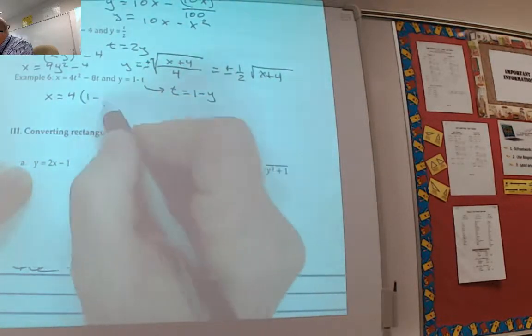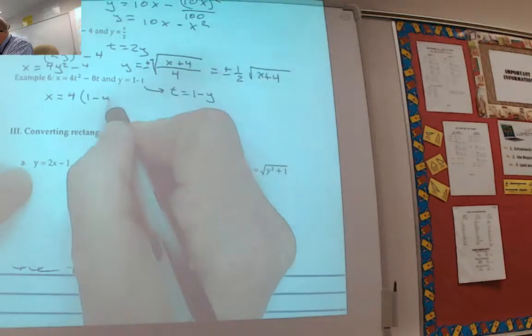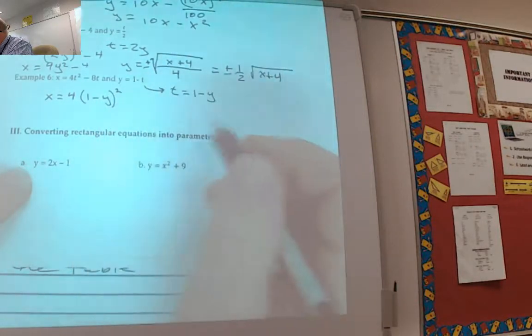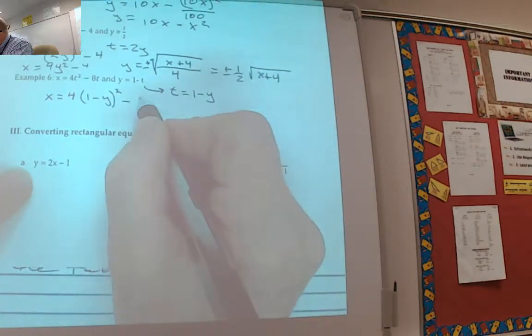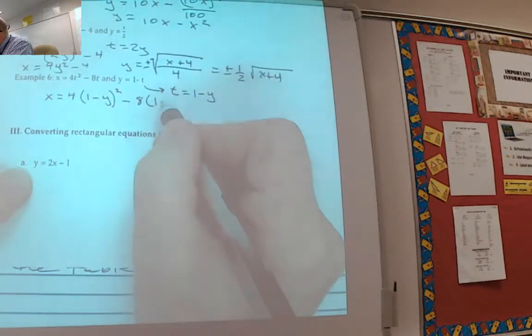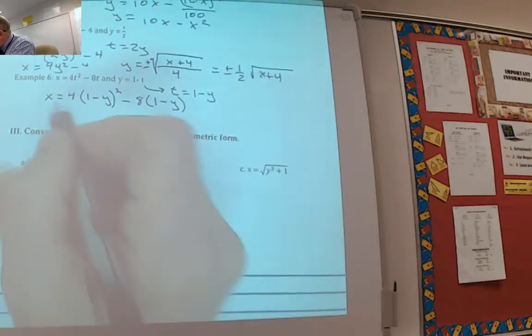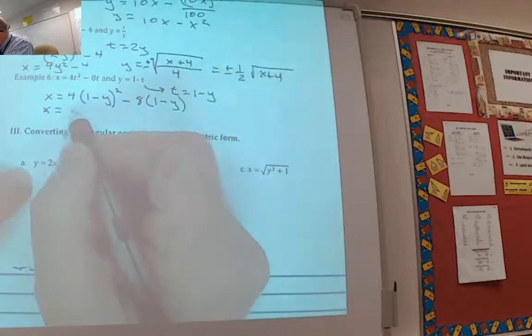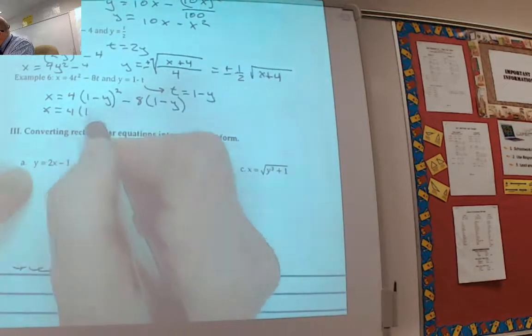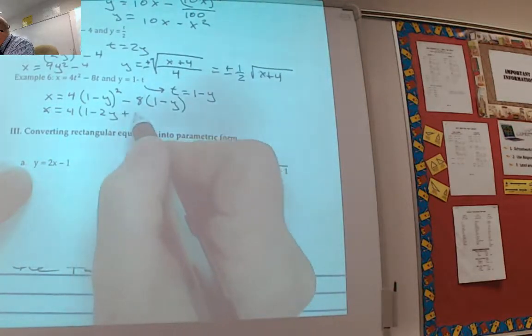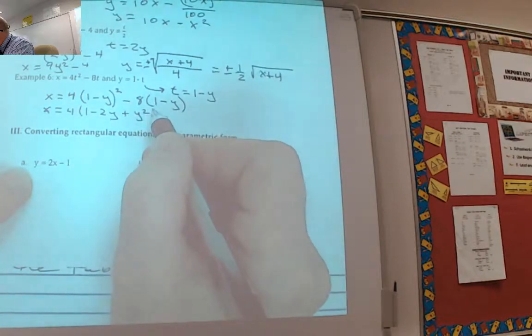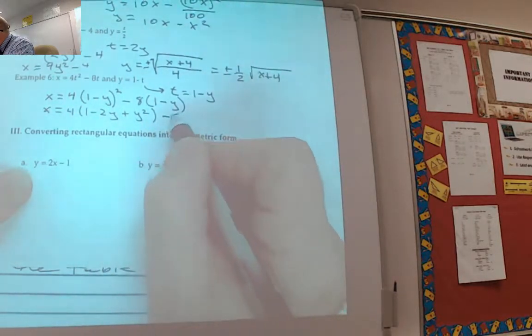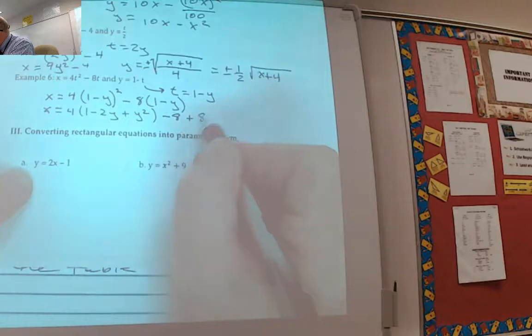So then x equals 4 times the quantity minus y squared minus 8 times the quantity minus y. Perfect. You want me to multiply that out for you? Yes. 1 minus 2y plus y squared, I think. Am I right? Minus 8 plus 8y.